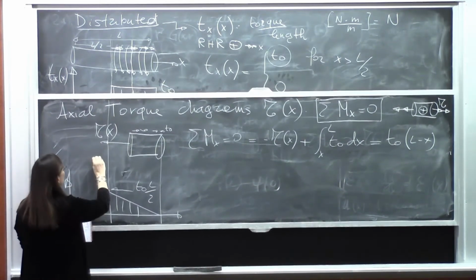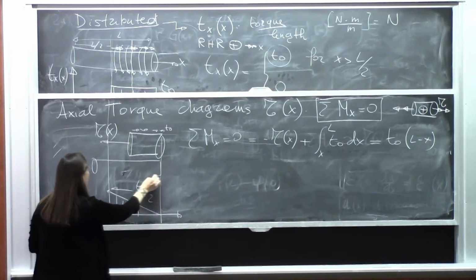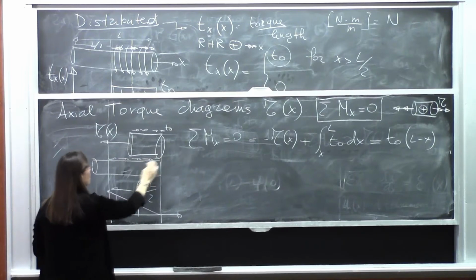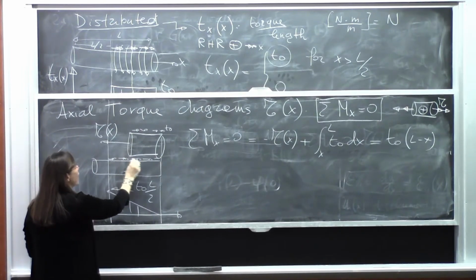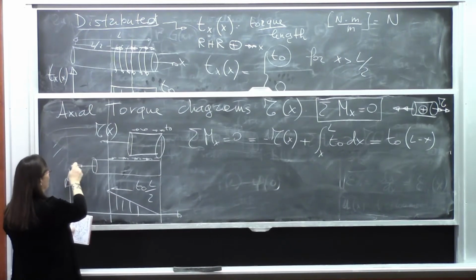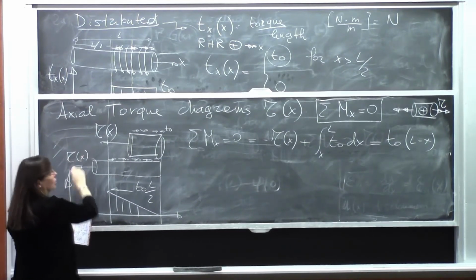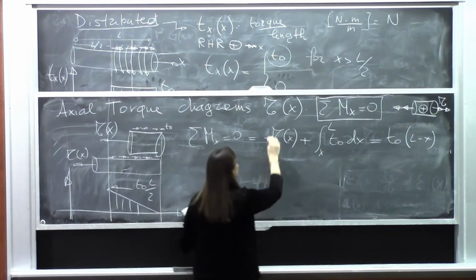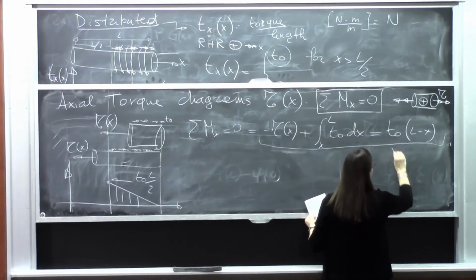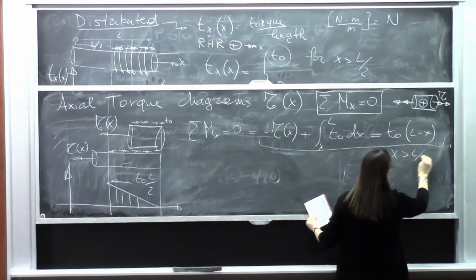And then if I cut to the left of L over 2, then I have t0 only on the right half of the shaft. So when I find T of x, this whole thing is for x greater than L over 2.